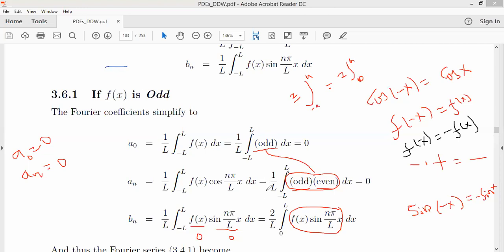But remember, we already have a 1 over L. So there is this 1 over L, which is the 1 over L there. Then since this is even, this product here is even. It being even implies that we'll get 2 over L integral from 0 to L of that function. All right.